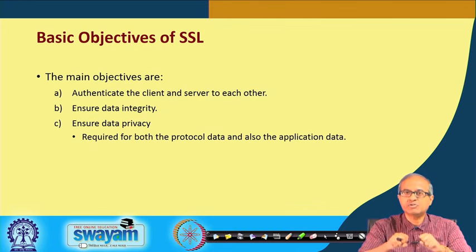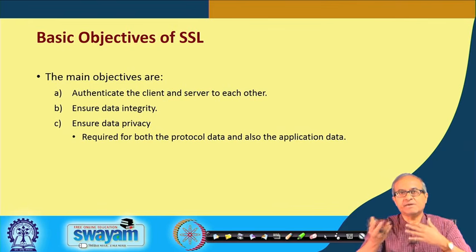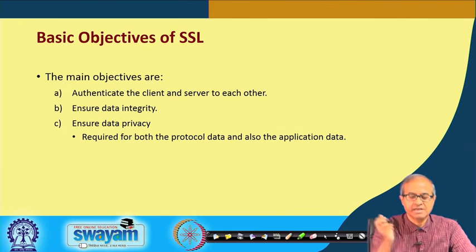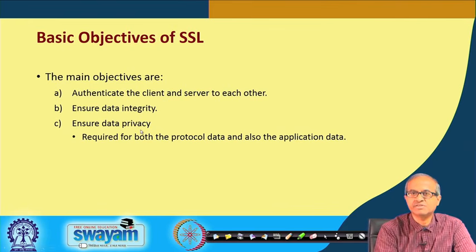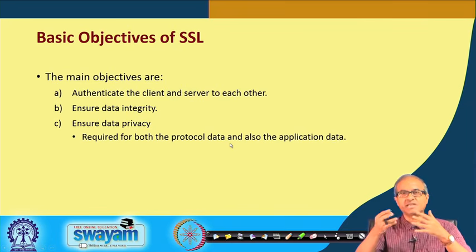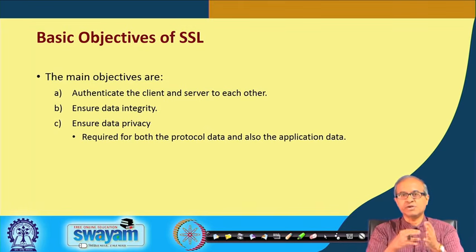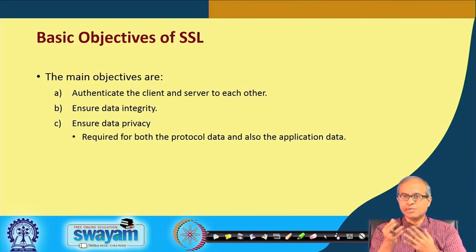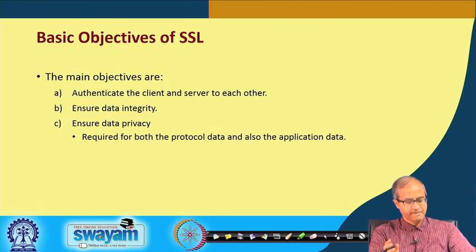SSL also hides the data being communicated between the two parties, and this data privacy, or encryption, is carried out not only for the application data that the user is generating, but also for the protocol data, because SSL also sends some control messages, and those can also be encrypted. So that an intruder does not know what kind of protocol is being used, what kind of encryption method is being used, nothing is disclosed in that case. Okay? Fine.